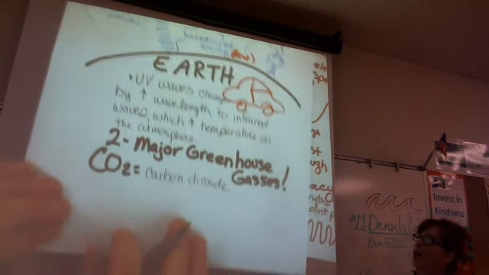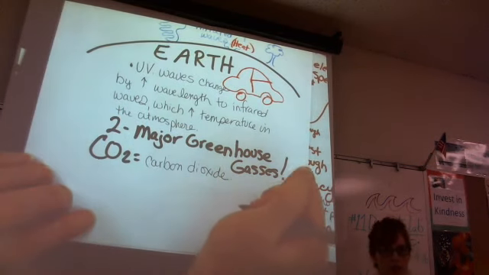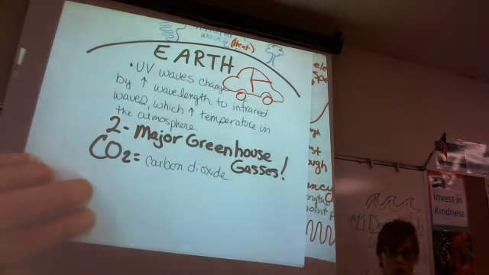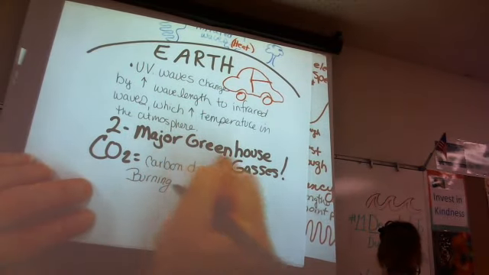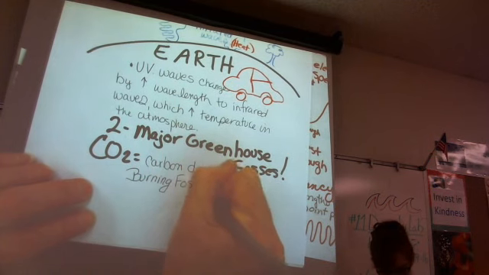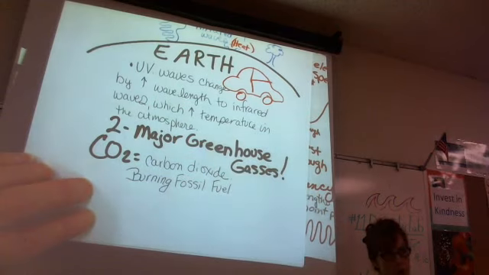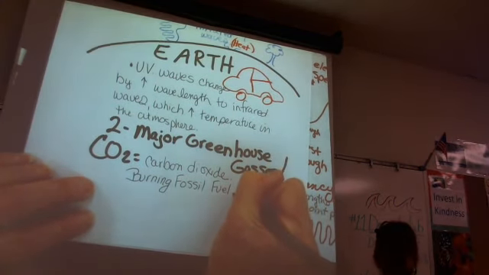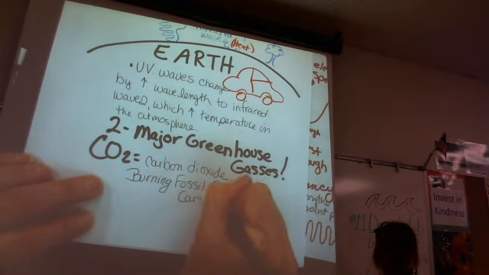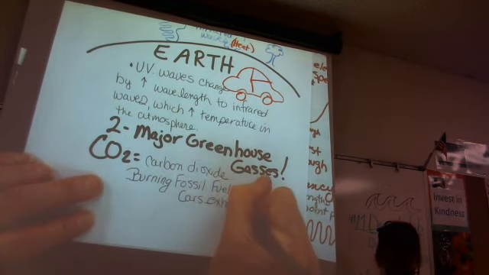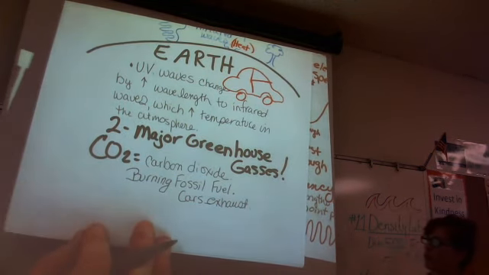Now, carbon dioxide, where is that coming from? Yes? Our cars and factories. Right, so mostly the burning of fossil fuels, which is oil. And the main culprit, something we can do to help limit that greenhouse gas, is car exhaust.